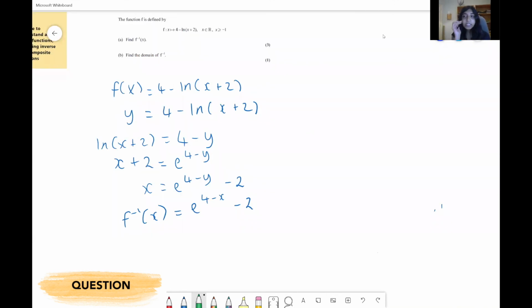For part B, remember that the domain of an inverse is just the same as the range of f(x). So if we know that the domain of f(x) is values of x greater than or equal to -1, then you can use that to try and find the range.